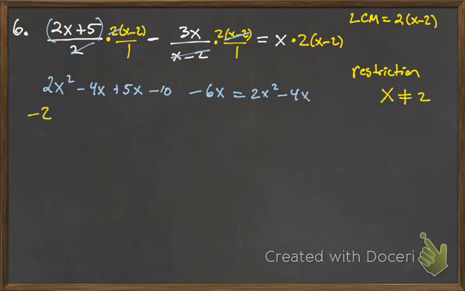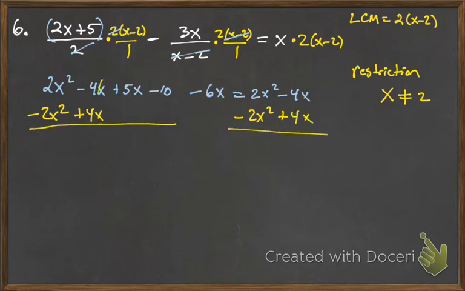Okay, this is quadratic, but it's not really, but we're going to go ahead and pretend it was quadratic. Well, it is quadratic right now, but what happens is, in the process of moving stuff over, we're going to move the 2x squared and the 4x on the right-hand side over, so we do their opposite operations.